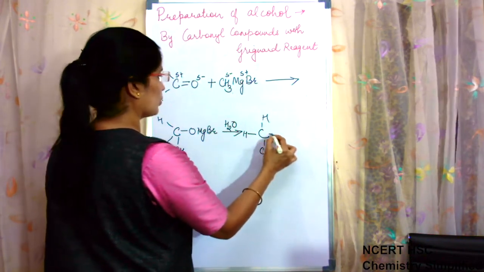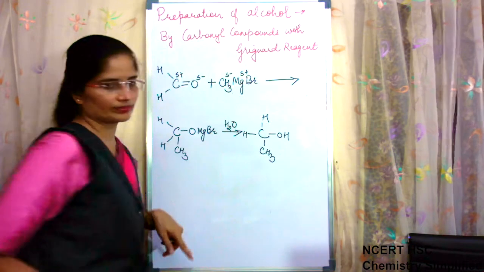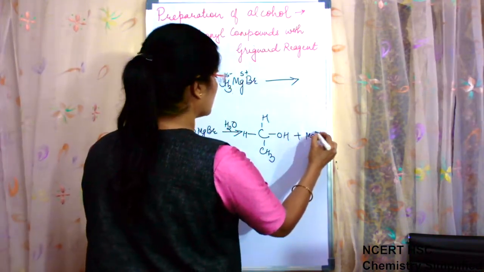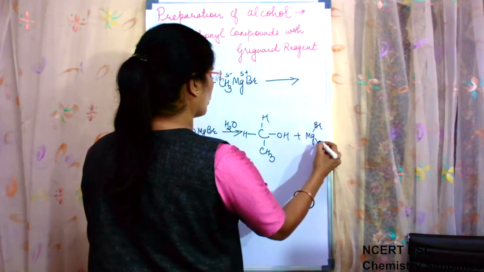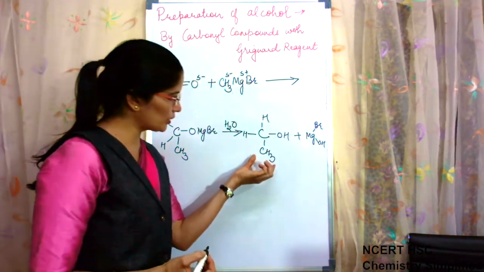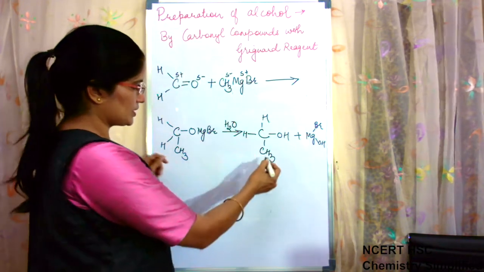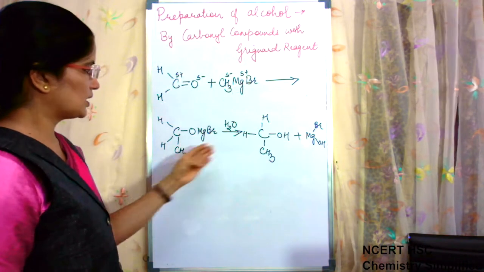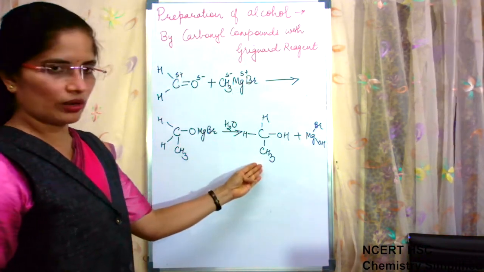CH3CH2OH plus MgBrOH as byproduct. Now you can see that the product which is formed is CH3CH2OH, that is ethyl alcohol.